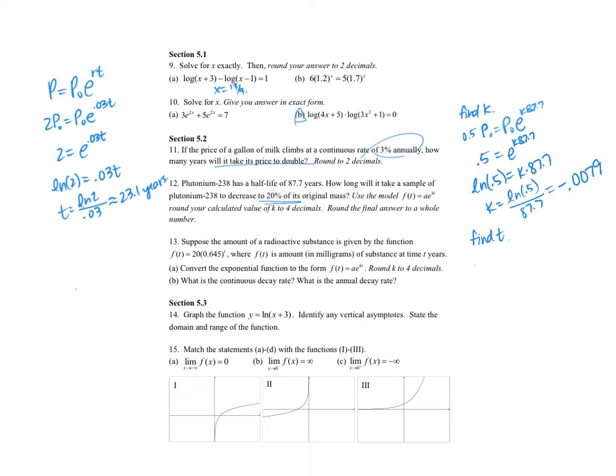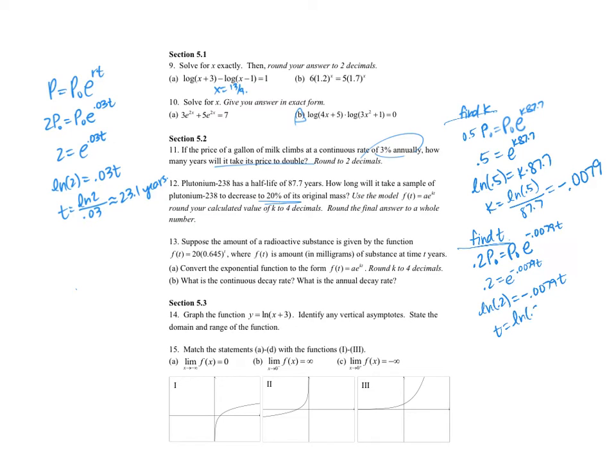All right, so we need 0.2 P naught equals P naught e to the, and I'm going to use my k now, negative 0.0079 times T, and I want to find the T that goes with that. So I can divide off the P naught. 0.2 equals e to the negative 0.0079 T. Then I can take the natural log of both sides, and then divide by that number to get T by itself.